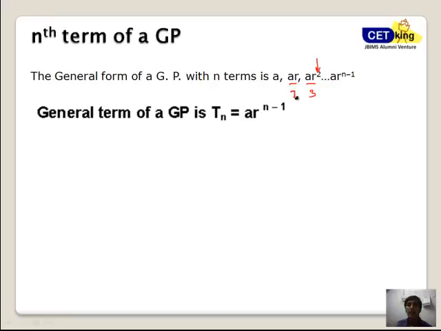AR is the second term, while the power of R is 1. So the power is always less by 1 than the number of the term. So to derive the general term of a GP, Tn can be found as A into R raised to n minus 1.